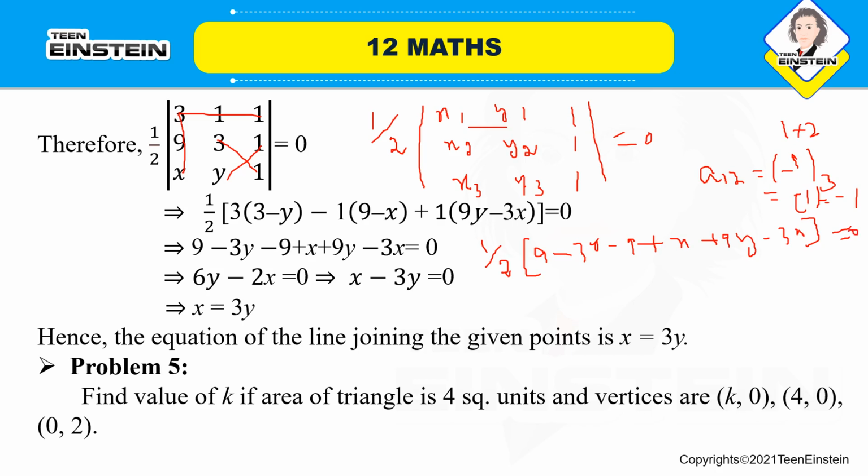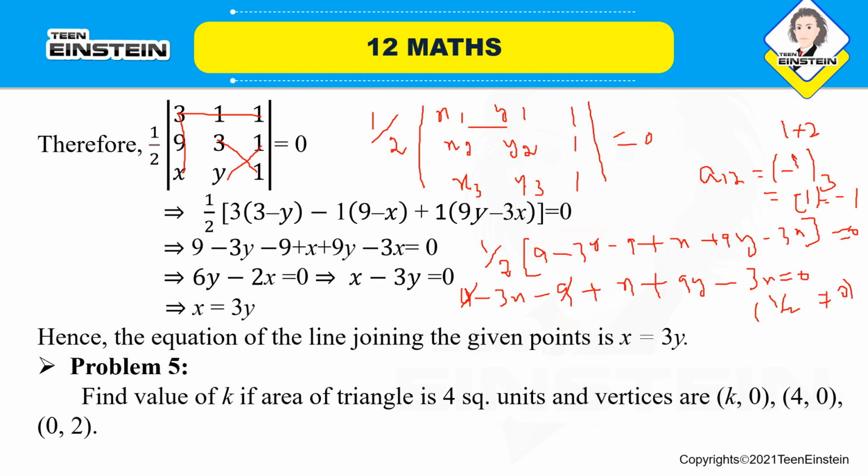So from this, 9 minus 3y minus 9 plus x plus 9y minus 3x equal to 0, because 1 by 2 is not equal to 0, it cannot be 0. Now cancel plus 9 minus 9.